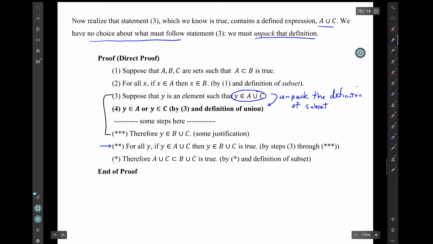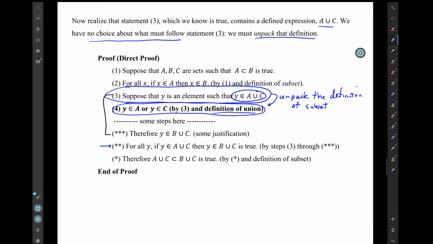So as of statement 3, we know statement 3 is true because we've gotten there by a sequence of statements that we know are true. So we know that this abbreviated symbol is true. So all we can do with that is to unpack that symbol, write what it really means in an unabbreviated form. That's statement 4. So we use the definition of union. We unpack that definition in going from statement 3 to statement 4.